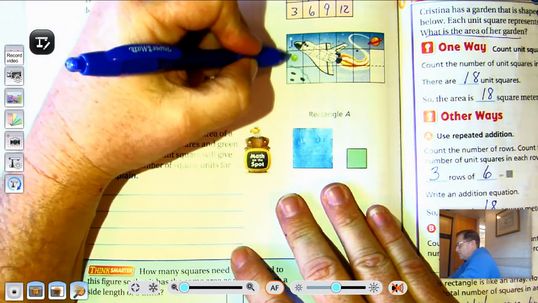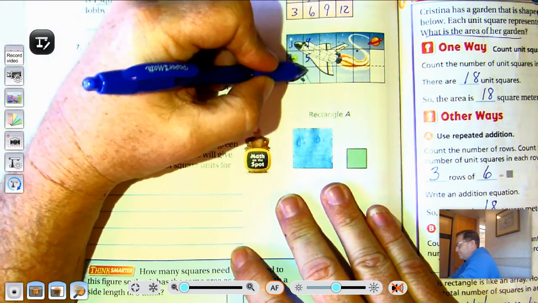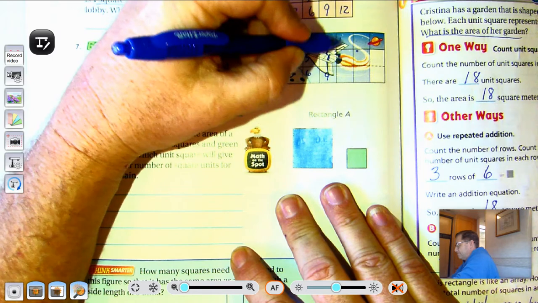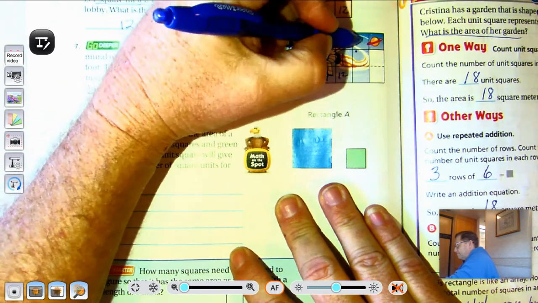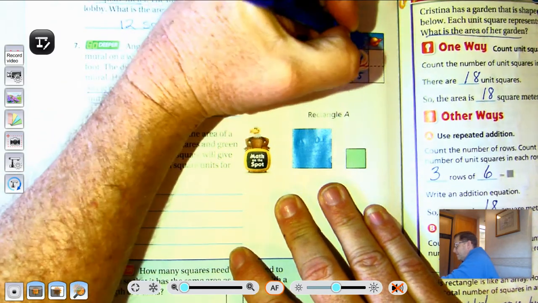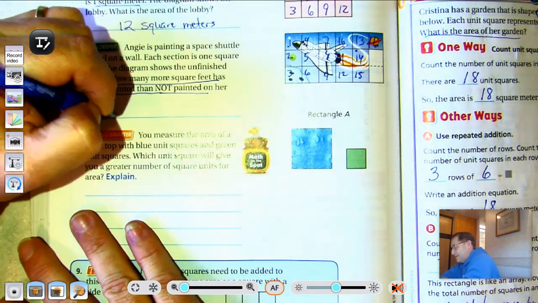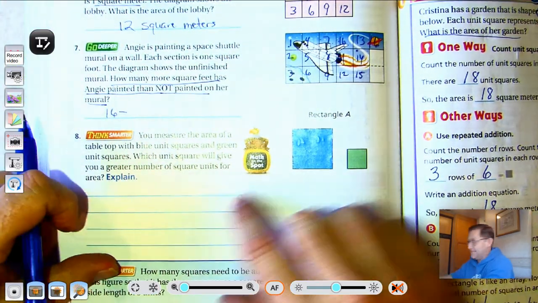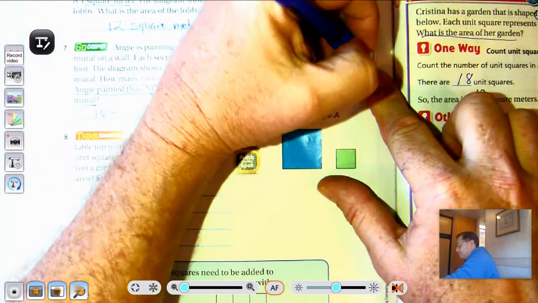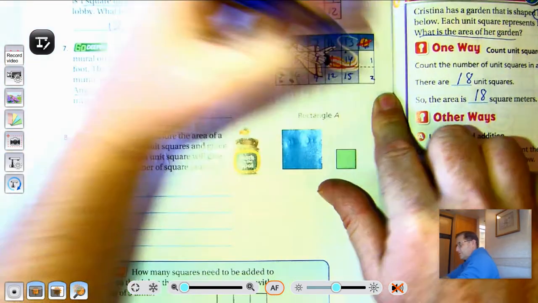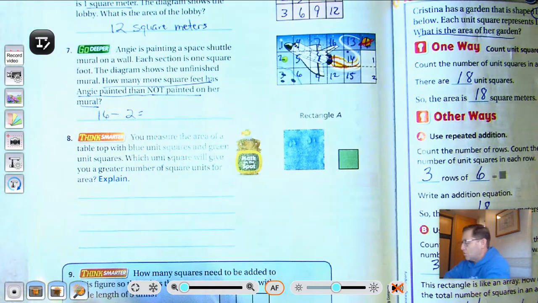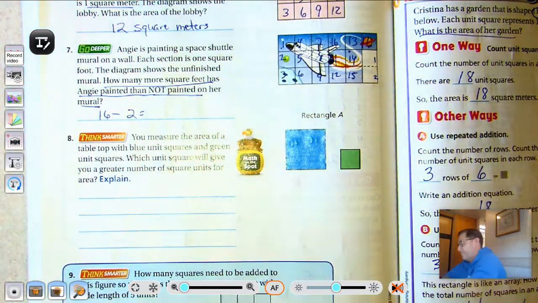Well, there's 1, 2, 3, 16. I see 16 painted. How many are not painted? 2, right? 2 are not painted. So how many more square feet? 14.